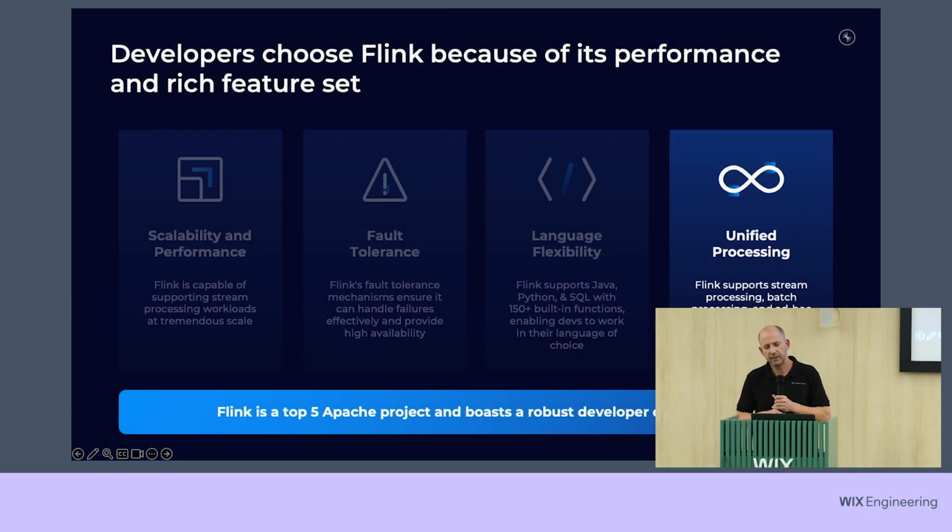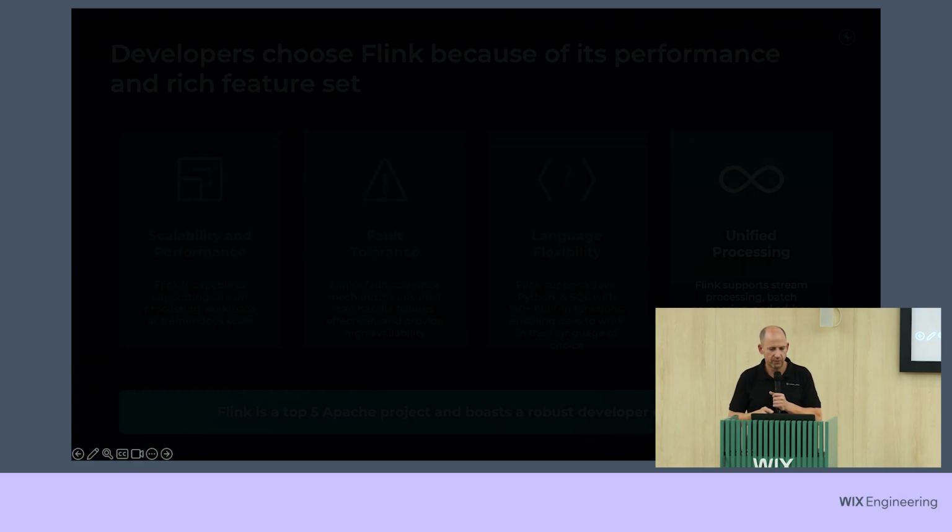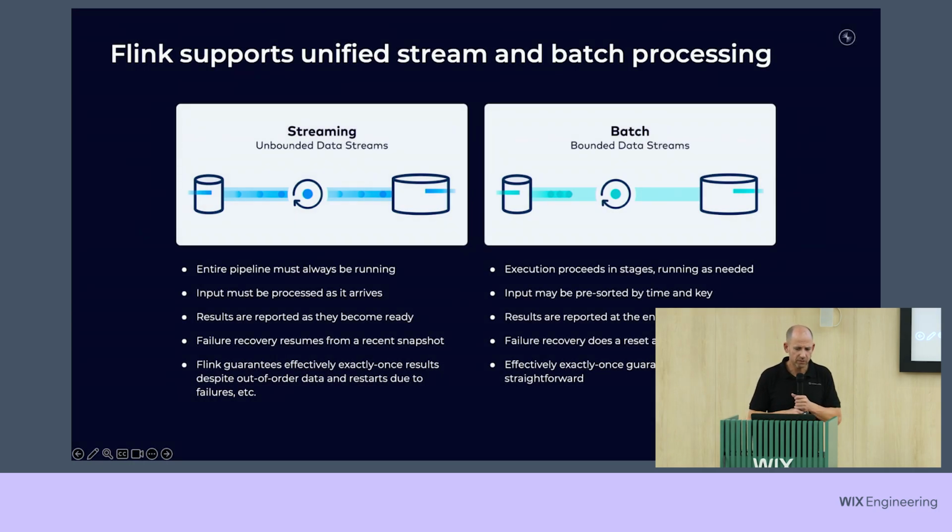Finally, what Flink also offers is a unified processing model. It can handle batch and also streaming in a single platform, and this is also a very powerful capability. Flink SQL supports both streaming and batch processing modes, allowing developers to use the same SQL queries for both.